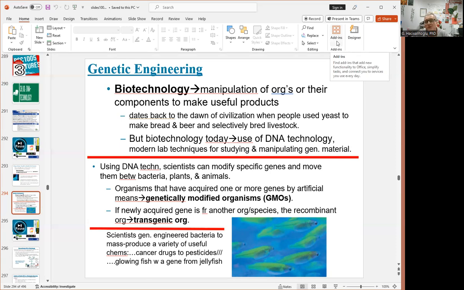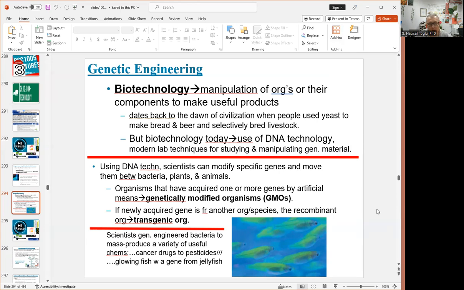To make useful products. That's the main goal. It can date back many years, using yeast to make bread or beer, or selectively breeding livestock. But biotechnology today is more like these specific techniques, like the 5 we will cover, using modern lab techniques. Okay, so GMOs are a good example.